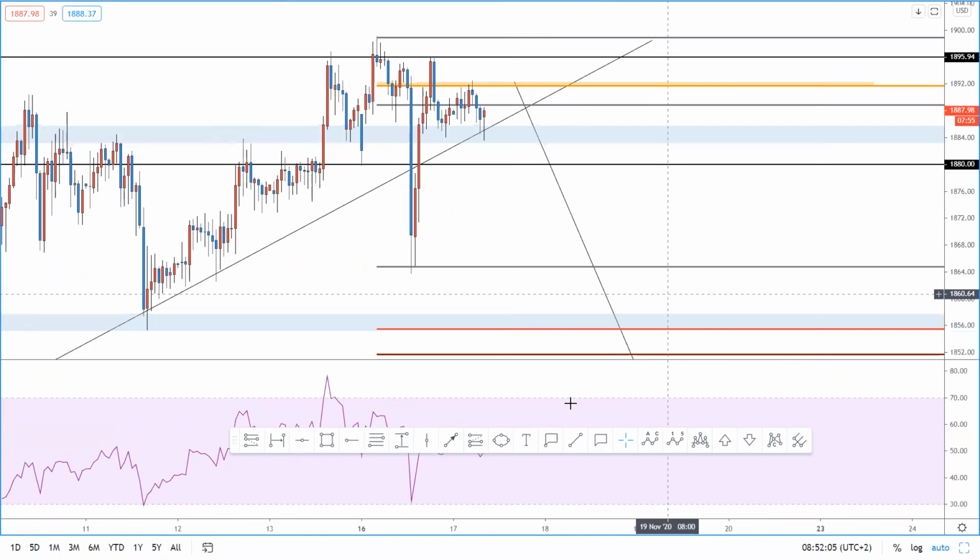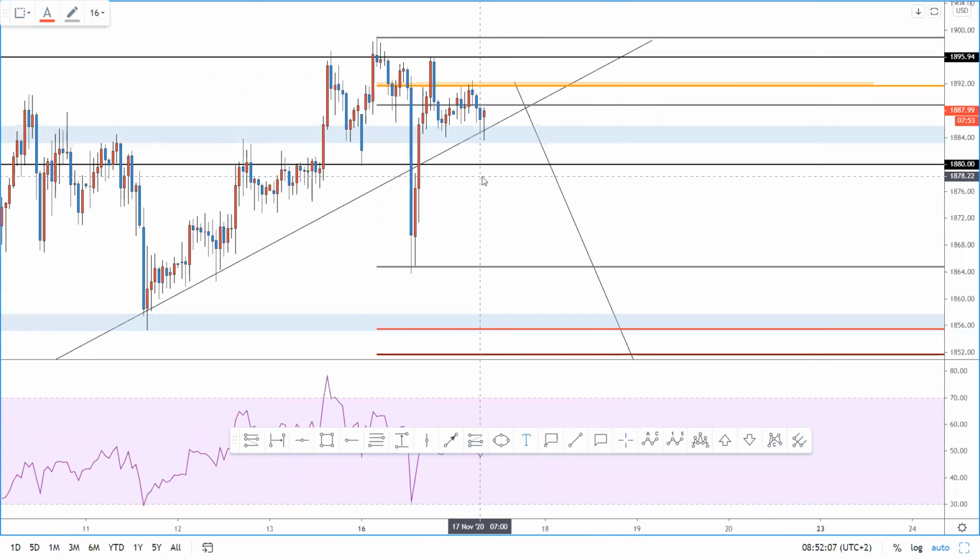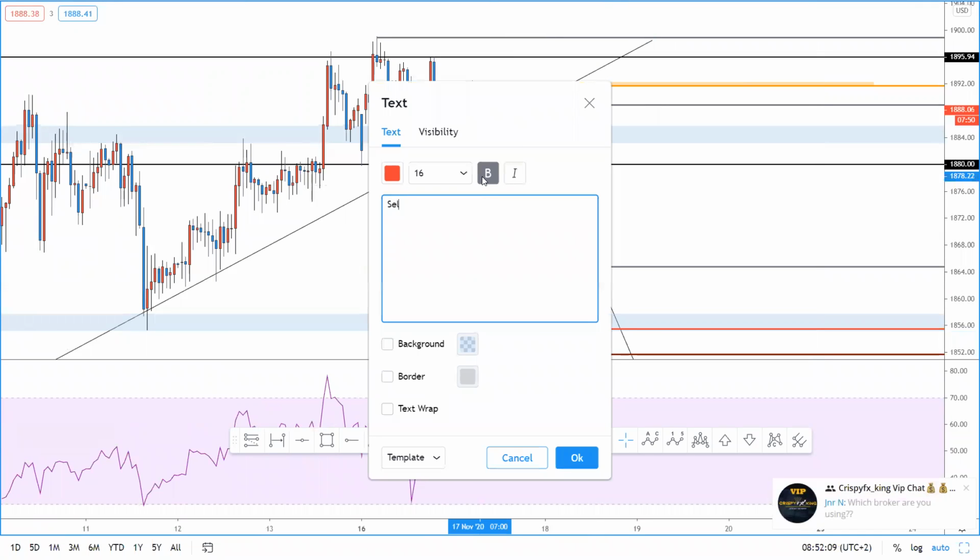This is gold, sell stop. Gold sell stop, TP 18, I think it was 1856.